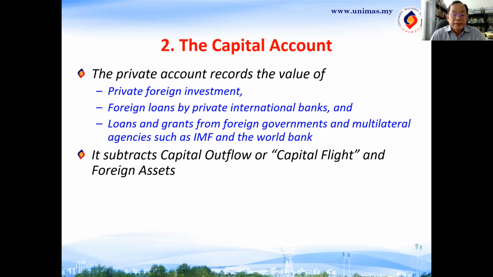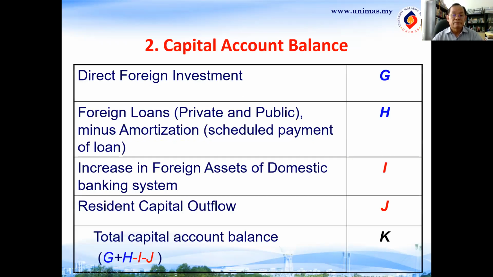And it subtracts, dia akan menolak, the capital outflow, or capital flight as the term is used, and also foreign assets in the country. So it has to take into consideration the capital outflow, capital flight, and also whatever assets belong to foreigners ataupun foreign countries.